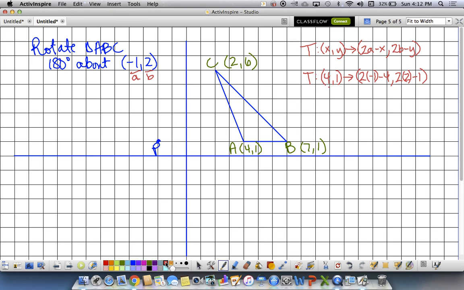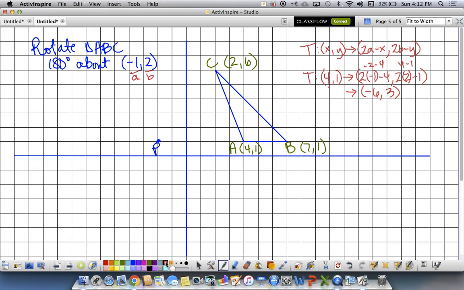So my A will now transform to be, what is negative 2 minus 4? That becomes negative 6. And then 4 minus 1 becomes 3. So point A becomes negative 6, 3.